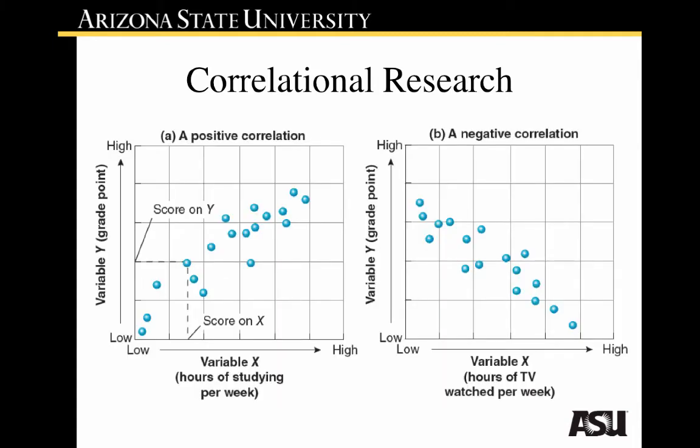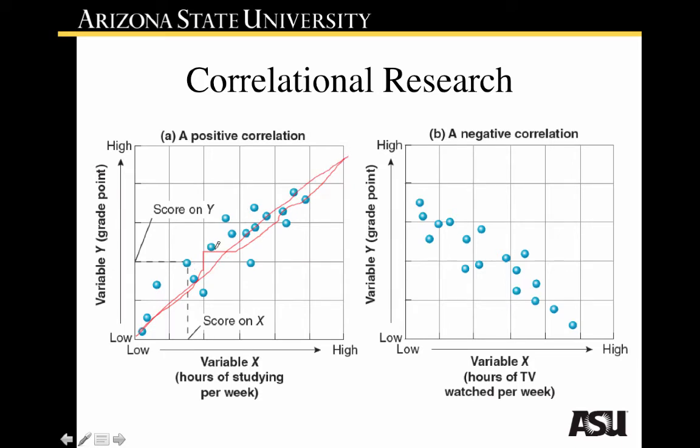So here's an example of this. On the left-hand side, you have a positive correlation. And as you can see, you can draw a line between the points here. It's not a very good line. Let me try that again. Let's draw a better line. That's a better line between the points.